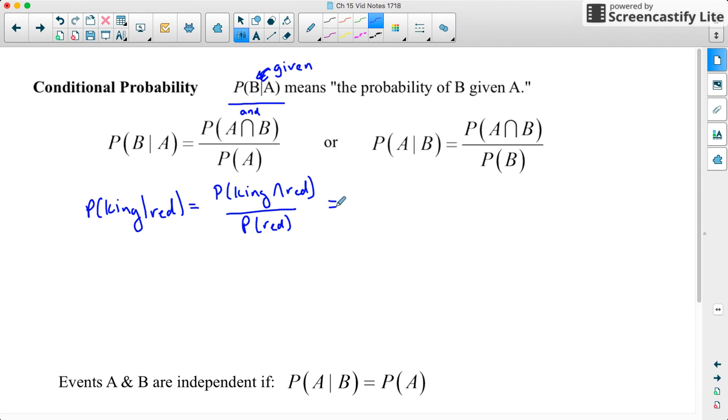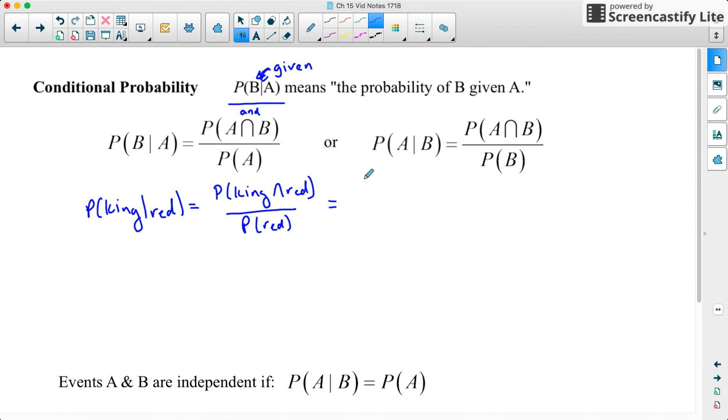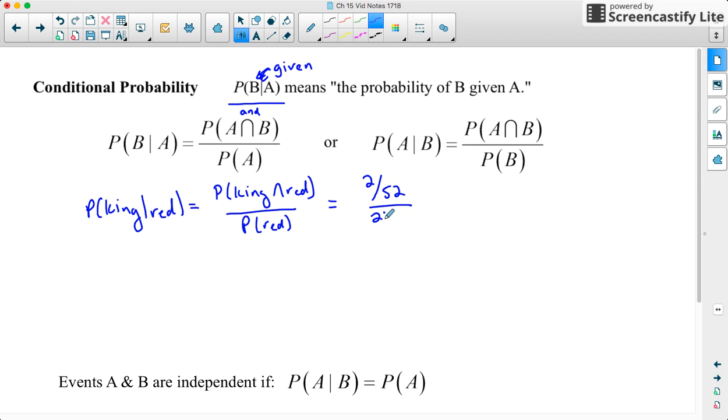Well, how many red kings are there? Let's go back here. There's 2 red kings, the king of diamonds and the king of hearts. So if I do that, it's 2 out of 52. And how many red cards are there? Again, going back, there's 26 red cards. So it's 26 out of 52.